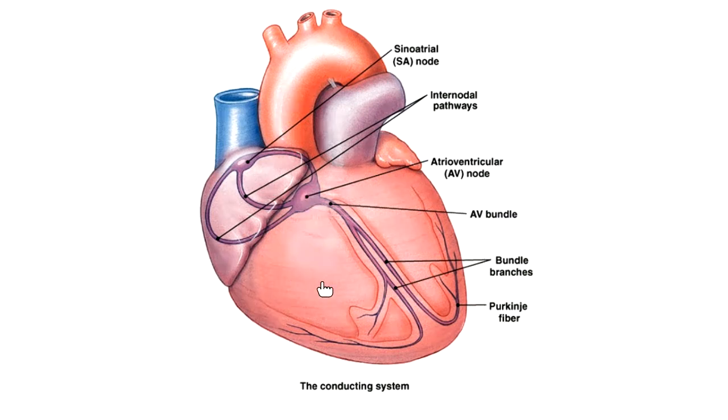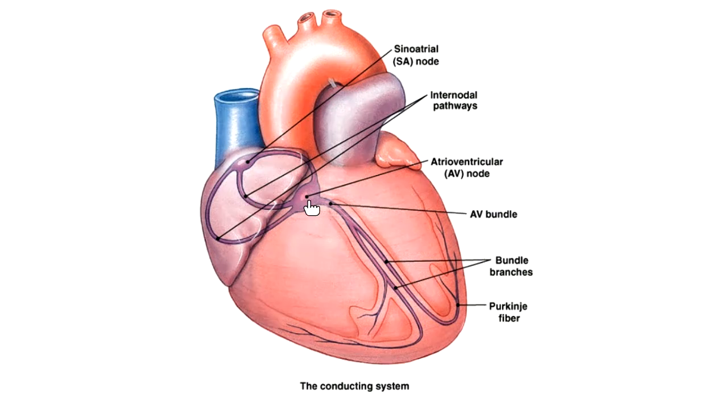And so this helps to set up the timing. That delay allows the atria to pump first before the ventricles pump, instead of both of them pumping at the exact same time, which means they would fight against each other. And that's not what we want to do. We want to pump it from one into the other. So atria, then ventricle. And that's what that delay sets up.